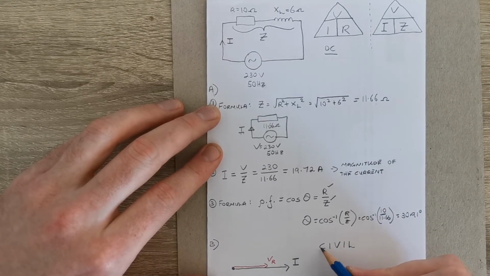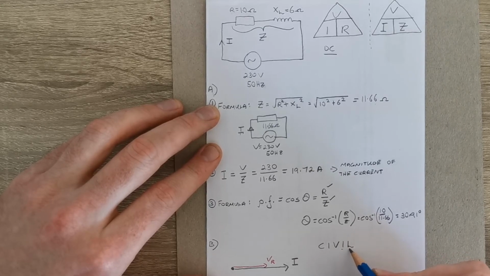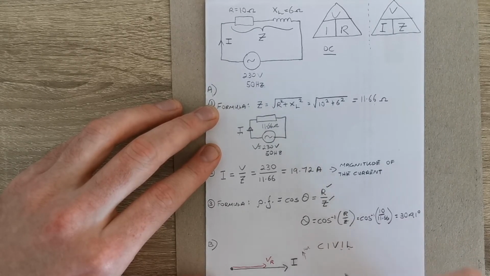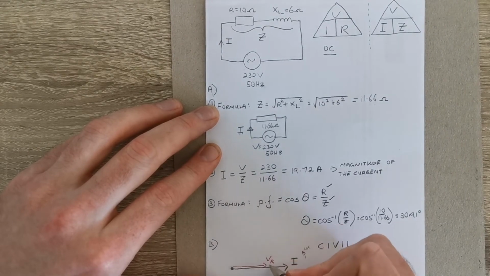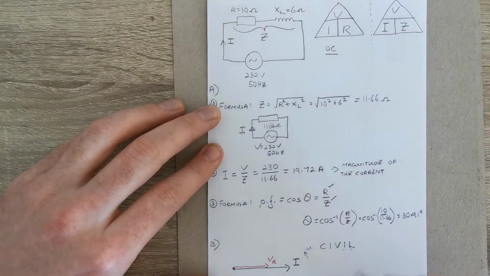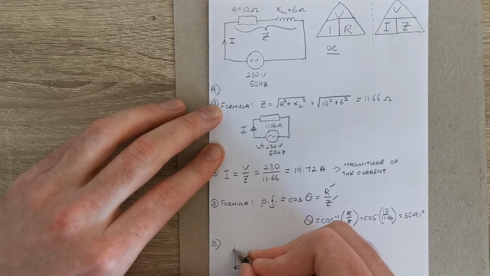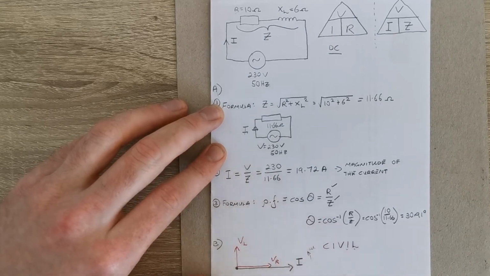The current in a capacitor leads the voltage, but the current in an inductor lags the voltage. So if our phasors are rotating this way, that means the current has to be behind the voltage in the inductor, and VL is going to be slightly smaller than the voltage in the resistor because of the size of our impedances. Again, this is not to scale, but it's just to give you an indication of how you do it. So VR and VL.